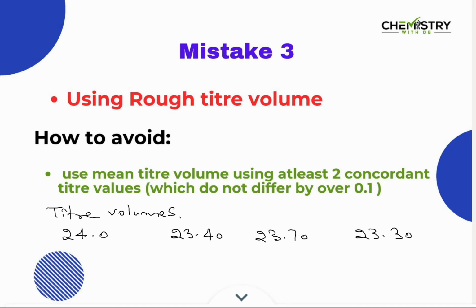So we have to include at least two concordant titres. Concordant titres are the ones whose values don't differ by more than 0.1. So we can see that 23.40 and 23.30 are the concordant titres. You take a mean of these, so the mean titre will be 23.35 cm³.